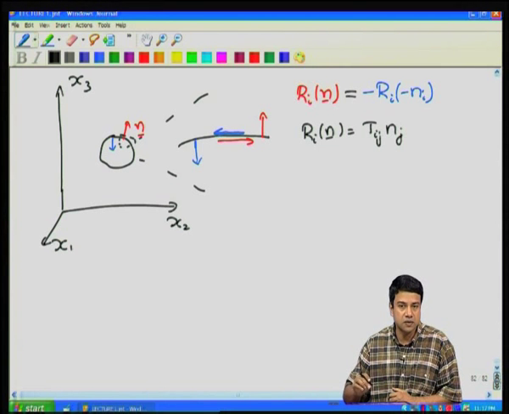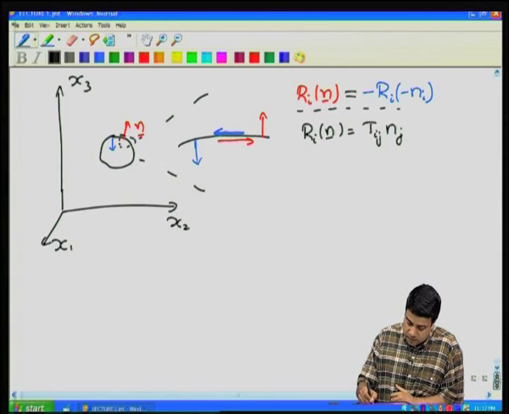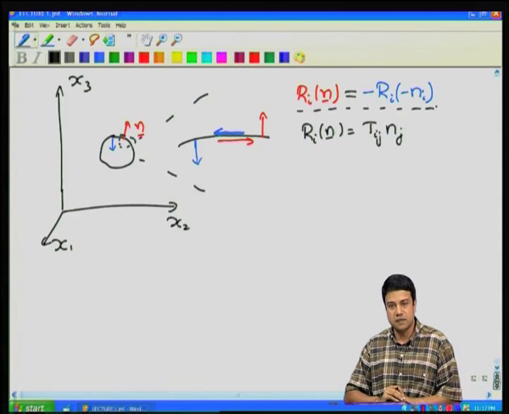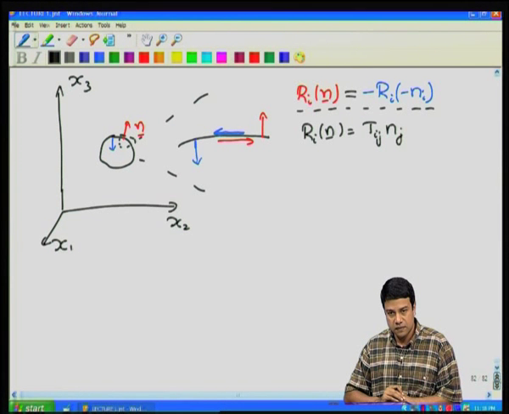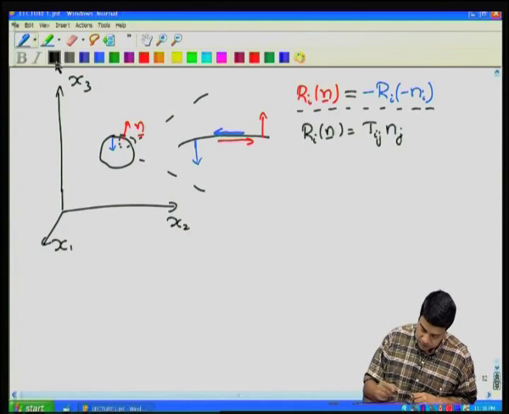It is defined at each location in space independent of the unit normal. If I can write it this way, it satisfies this reversibility criterion. You can show that this criterion is actually valid for any differential volume using what is called the Cauchy construction.